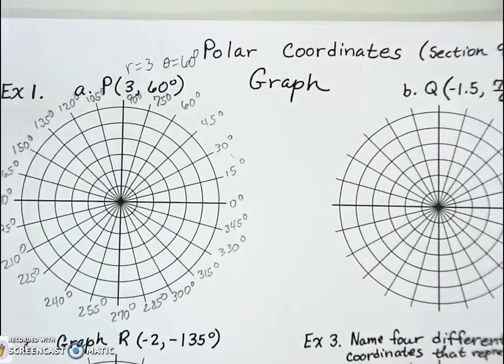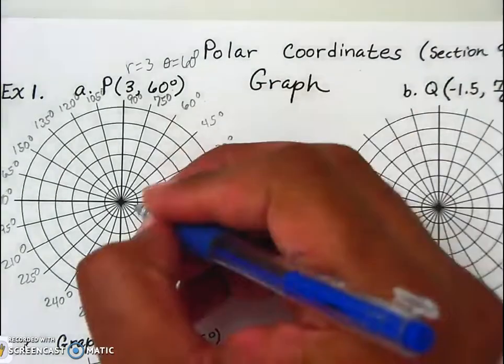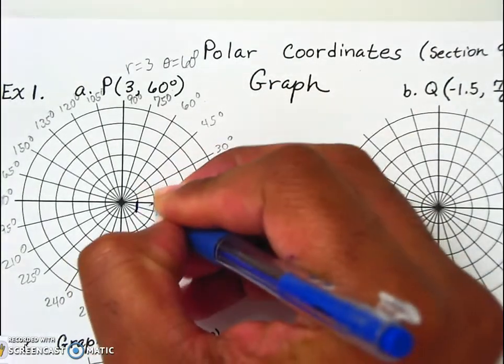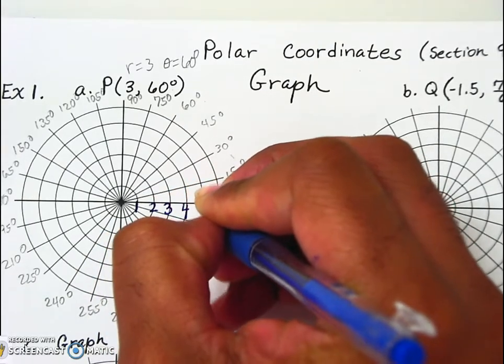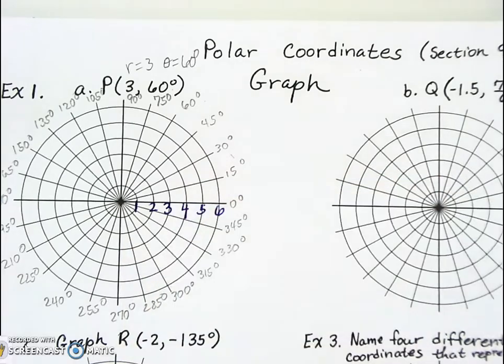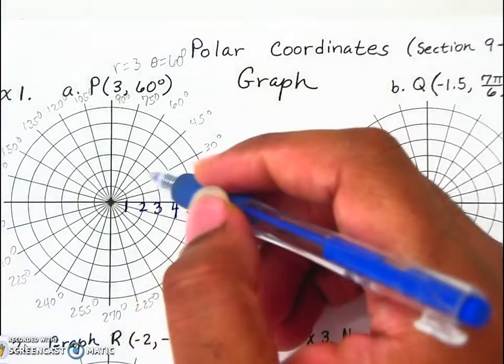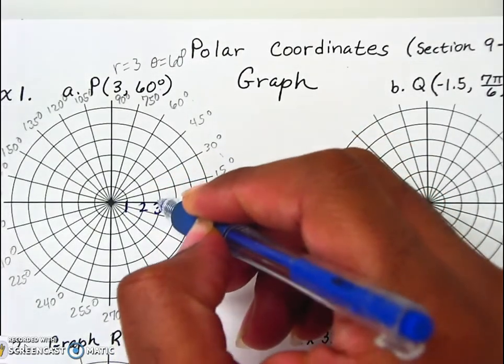All right, so with this part, again, we're going to label these. This is 1, this is 2, 3, 4, 5, and 6. So going across there, that's all we're doing. We're going to come first off to 3.